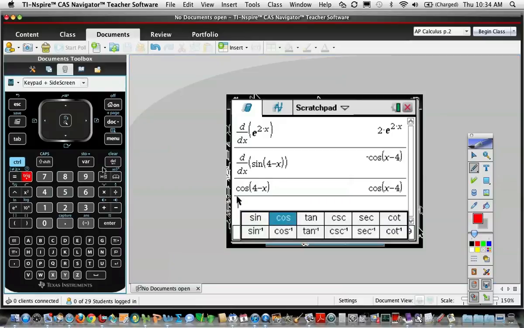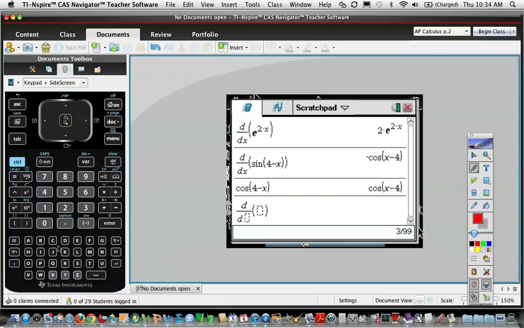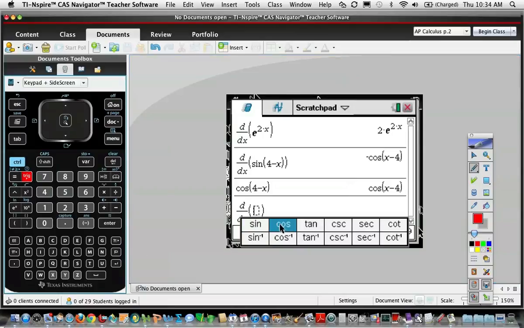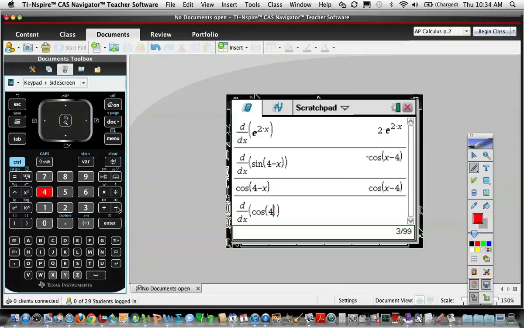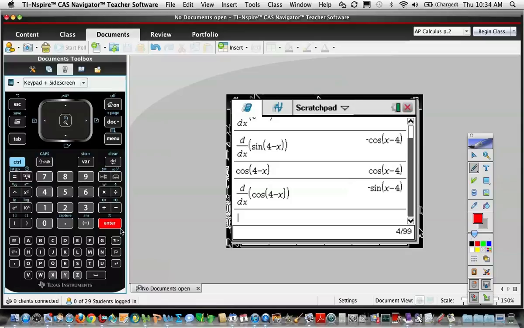Let's do the derivative with respect to x, and this time let's do cosine 4 minus x, and hit enter. You'd be expecting the derivative of cosine is negative sine, but then you have to kick out a negative, so you'd be expecting a positive sine, and it's not. Well, that's because it flipped that around, and since sine is an odd function, you get opposites out.